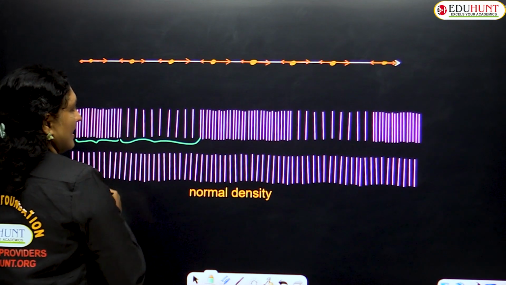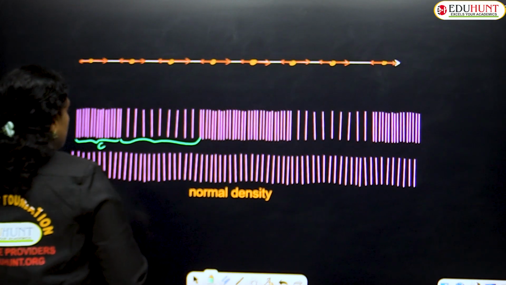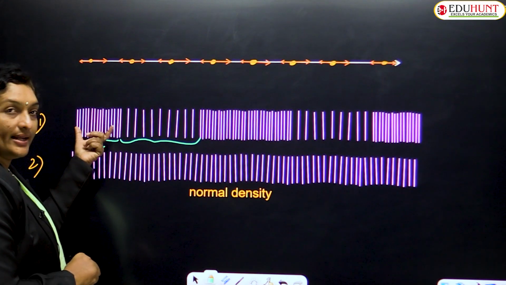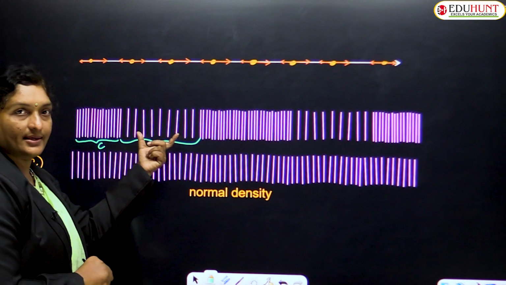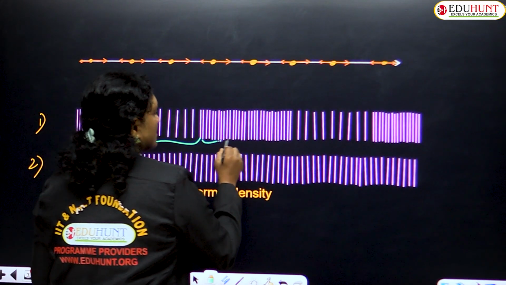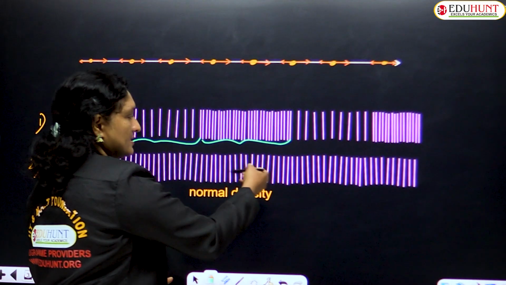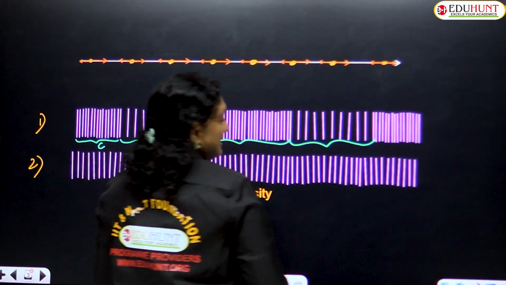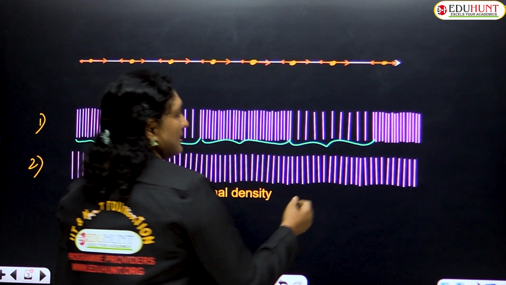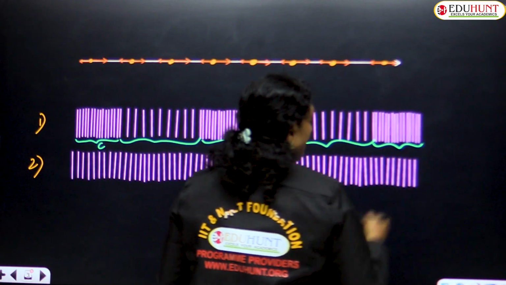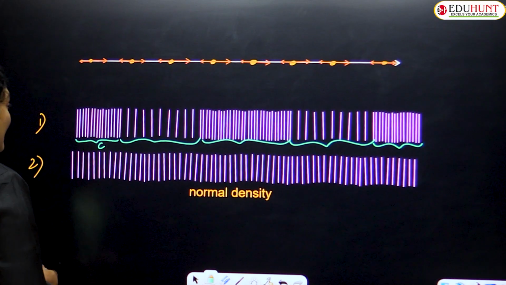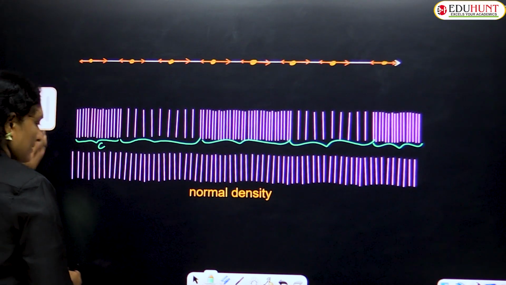This part is called a rarefaction. When compared to the normal density of the medium, here more density is there, here less density. Again from this region you have larger density when compared to the normal density, and again here lesser density. Again here also larger density. So like this the waves have been distributed.